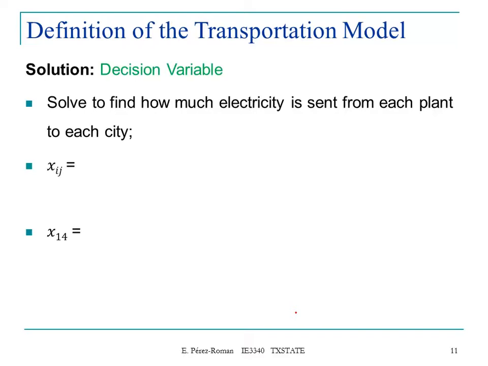The plants are already stated, those are fixed. You know how many you have, you know how many clients you have. What is the question you're trying to answer? You have your plants, you have your customers.